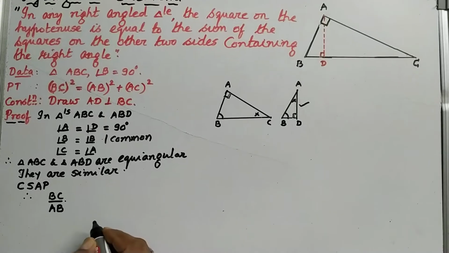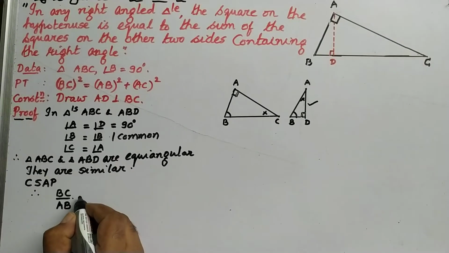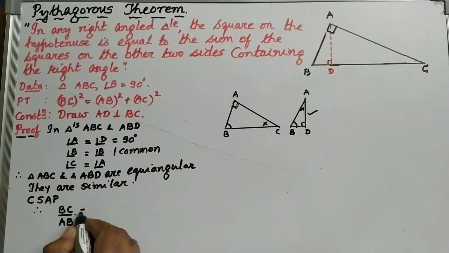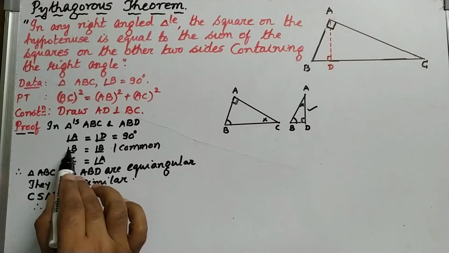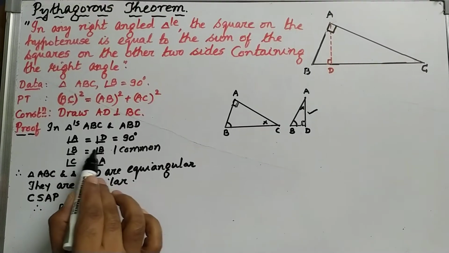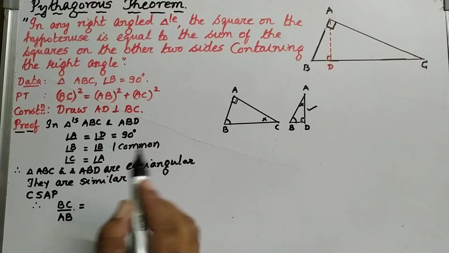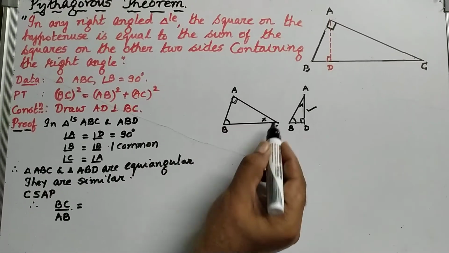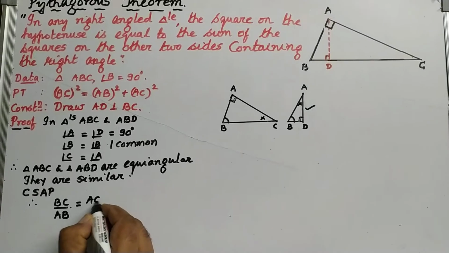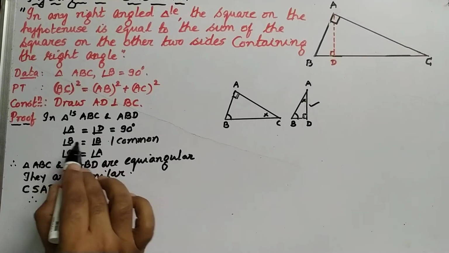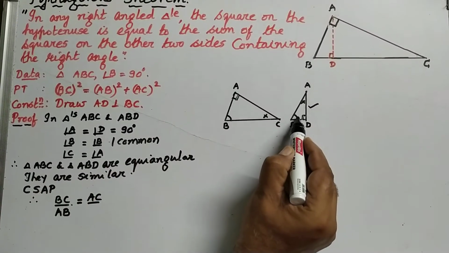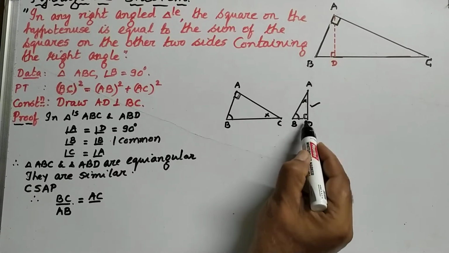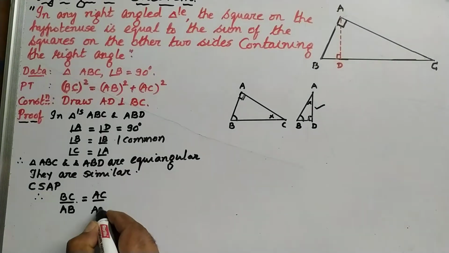So I have got the first pair of corresponding sides, that is equal to, take the second pair of equal angles, angle B in the first triangle, it is here, side opposite to that is AC divided by angle B of the second triangle is here, side opposite to that is AD.